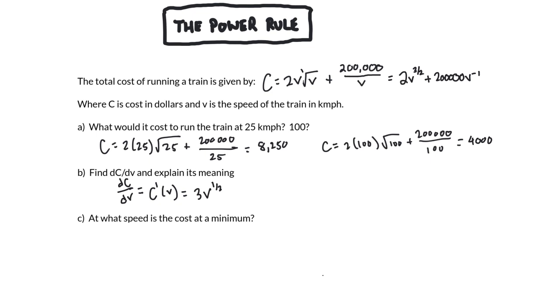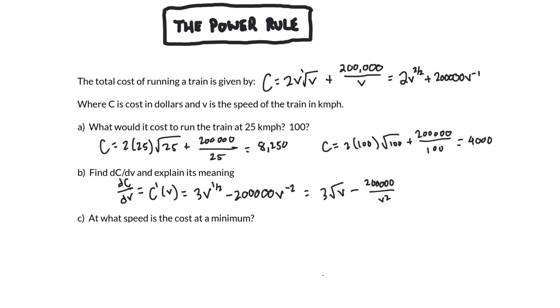For the second part, I'll take 200,000 multiplied by the exponent of -1 to get -200,000. And I will decrease the power of V by 1. Be careful here. If I take -1 and I subtract 1, I'll have -2. That is, my derivative is 3 times the square root of V minus 200,000 divided by V squared.